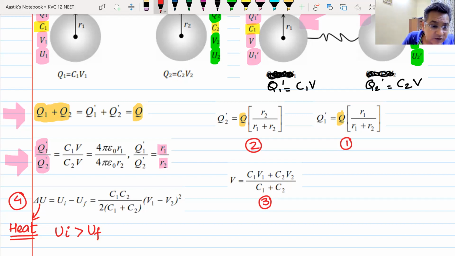I have seen a lot of questions come on this concept. If you can remember these formulae, you can understand how questions will be there.